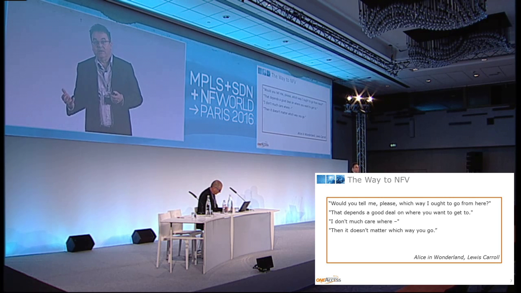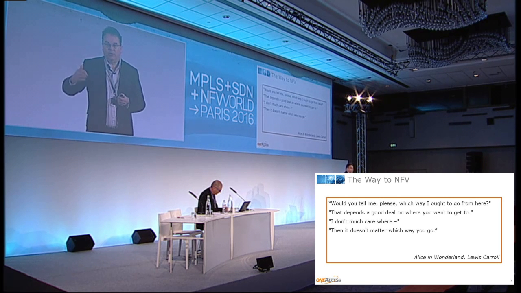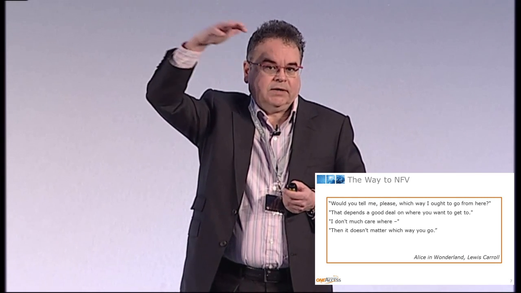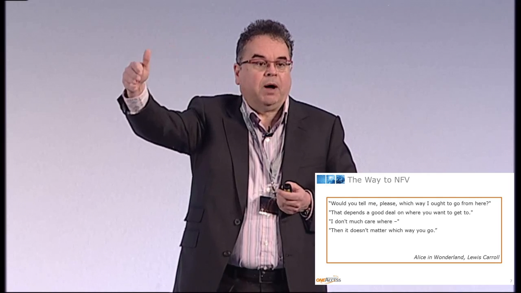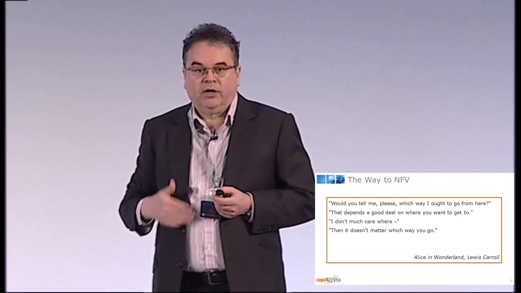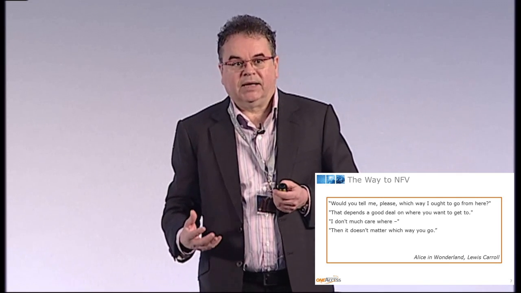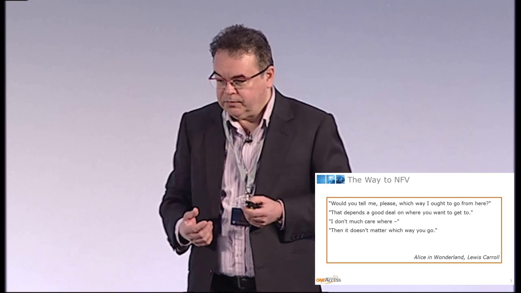You really need to know where you want to go in order to be able to get there. And I think one of the problems is although the end goal is there, I think some of the milestones along the way in terms of going towards virtualization are still relatively unclear, and that is leading to some issues.